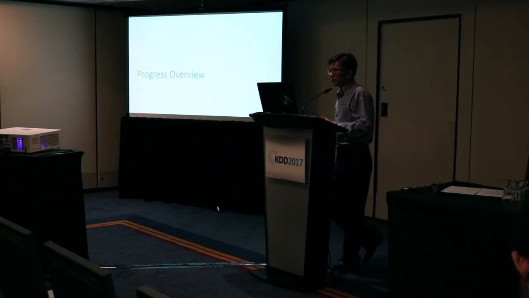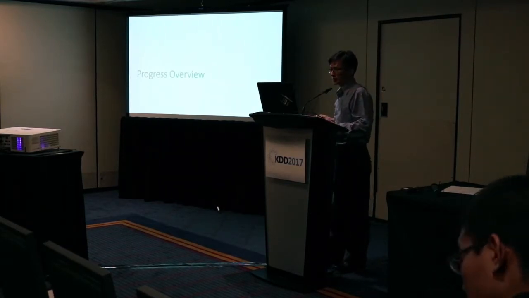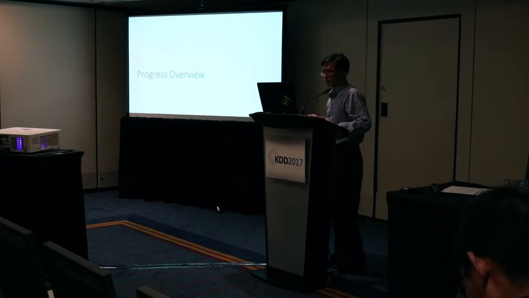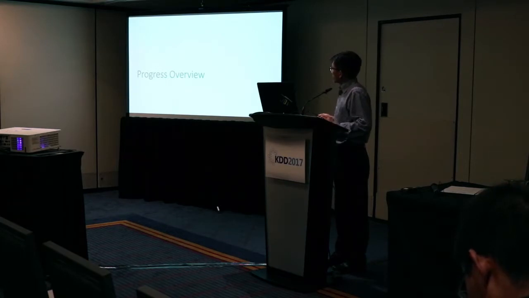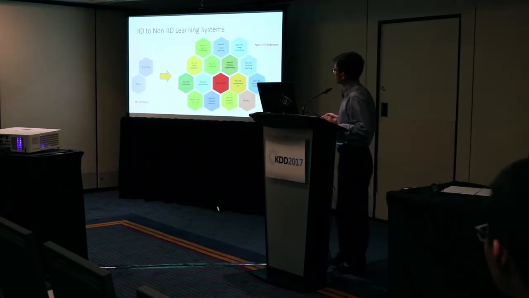Before I introduce the specific areas, I'd like to give you a brief overview, in case there are areas you are interested in that we couldn't cover here. This is a bigger picture of non-IID learning.